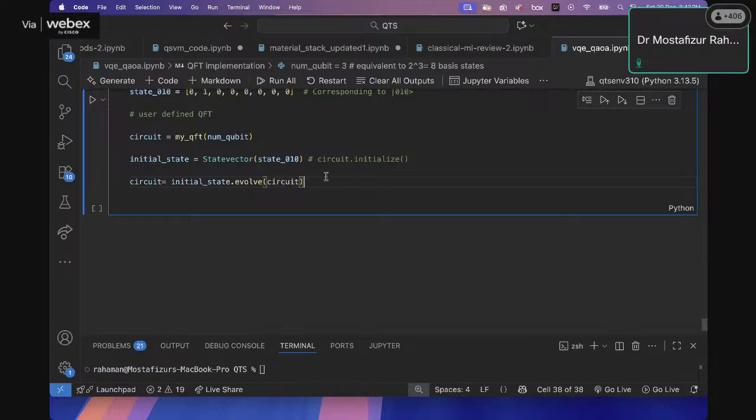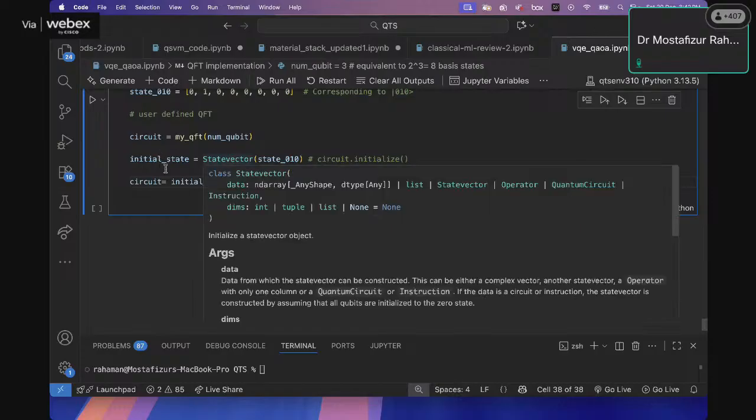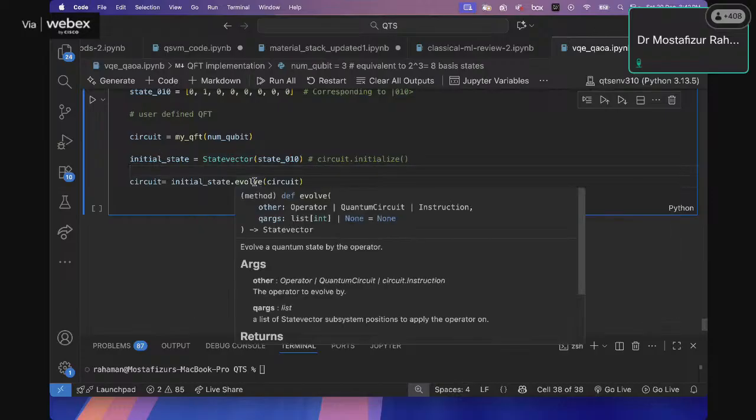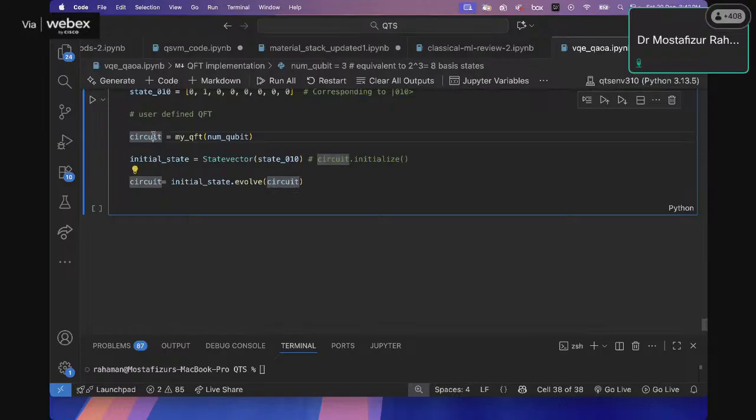In the beginning, yesterday, I told that in a circuit there are basically two things. You have to encode the information, and then there is an evolution. So you are evolving this circuit, applying the initial state vector to evolve accordingly through this particular circuit. This means it is a unitary matrix times the initial state vector, and you are storing that again in the same variable, circuit.